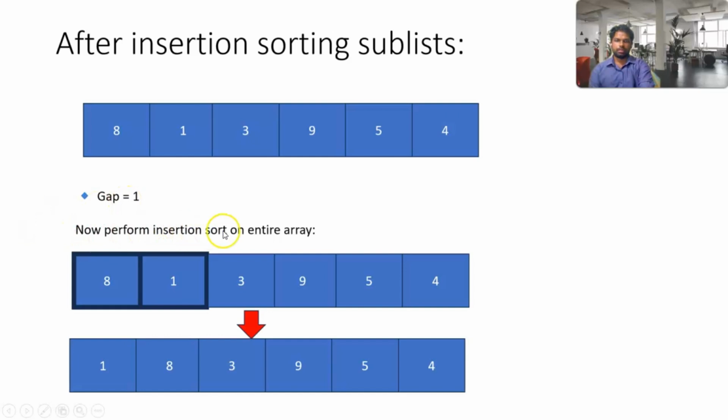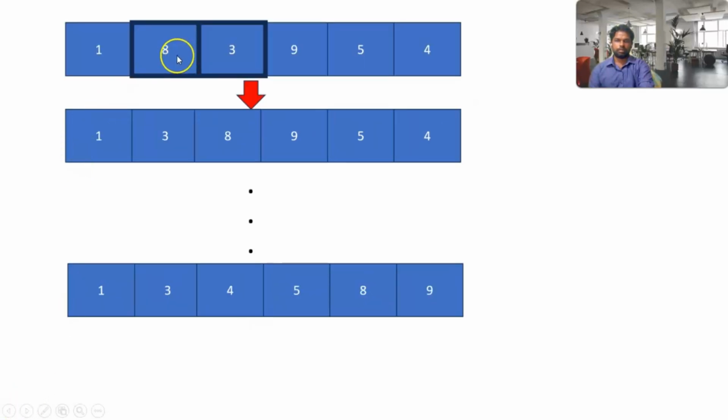Now perform insertion sort on the entire array, because the gap is 1. We'll compare 8 with 1, and then we swap these values, and then we'll compare 8 with 3, and we'll swap these values, and then we continue the insertion sort until we get the sorted array.